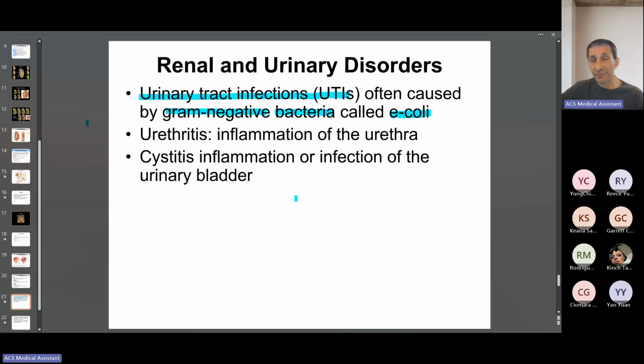We didn't mention E. coli much, but we mentioned gram-negative and gram-positive bacteria, which are staph and strep, Staphylococcus and Streptococcus. These are the bacteria.